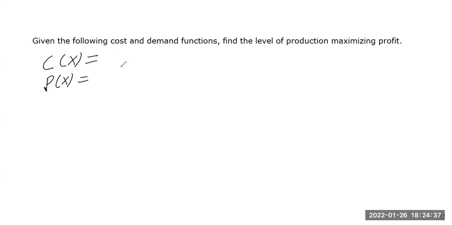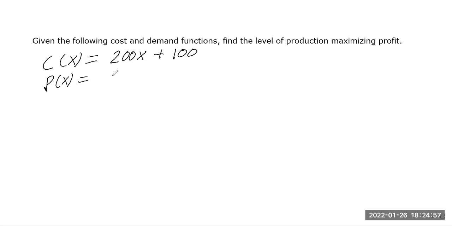So let's suppose that our cost function, the cost of production per unit, is say 200x, something like that, plus maybe a little bit of startup costs.